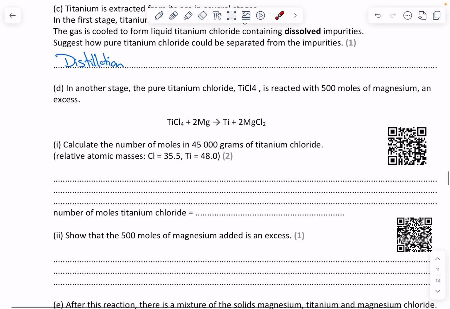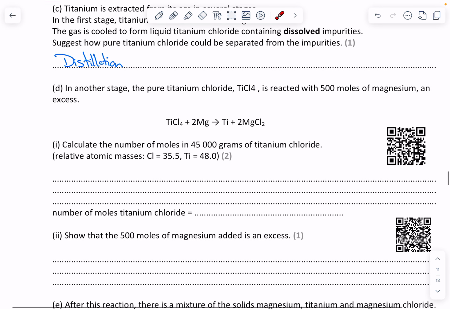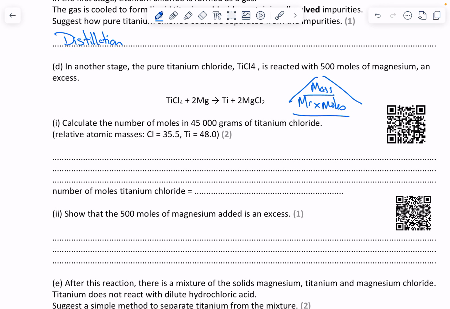Okay, this next one is a calculation, and it wants us to calculate the number of moles in this 45,000 grams. So what I'm going to do first of all, let's write our Mr. Moles is underneath the mass triangle. And in this first bit, we are trying to find out, as the question said, the moles of titanium chloride.